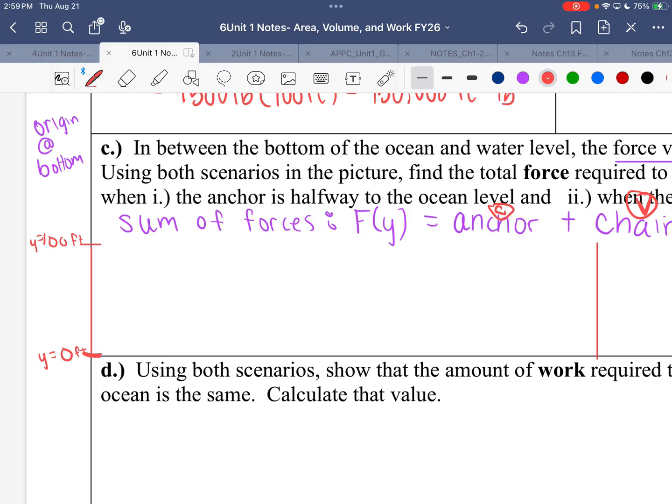Okay, so the origin's at the bottom at 0, and then 100 feet at the top. And remember, the chain has moved up y amount because it's going positively up, but we don't actually care about that distance. We care where the chain actually is, in green. So what is that distance? 100 minus y feet.